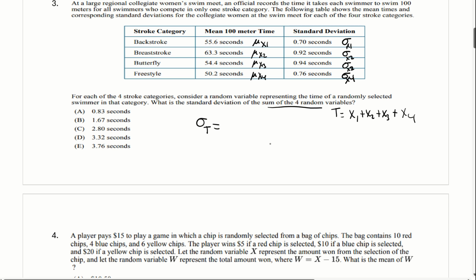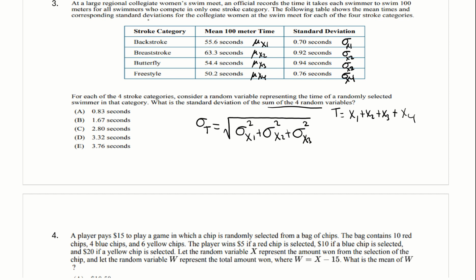All right, so then for sigma T, to do the standard deviation, remember that you cannot simply add the standard deviations. For any time you're combining standard deviations for variables, you actually have to combine the variances and then take the square root of the variances. So it's going to be the square root of sigma squared X1 plus sigma squared X2 plus sigma squared X3 plus sigma squared X4.